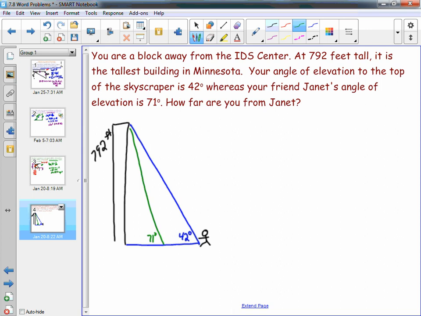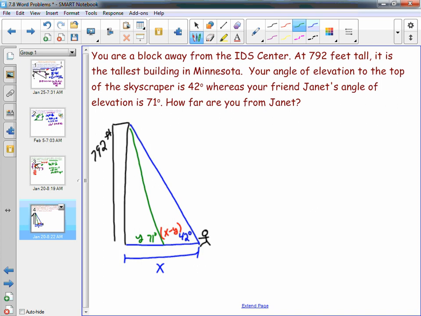So what we will do is identify Janet as being y distance away, and we will identify your distance from the building as x. And then in order to find how far you are from Janet, we will take x minus y. So we're going to have to do two separate sets of calculations and subtract the answers.